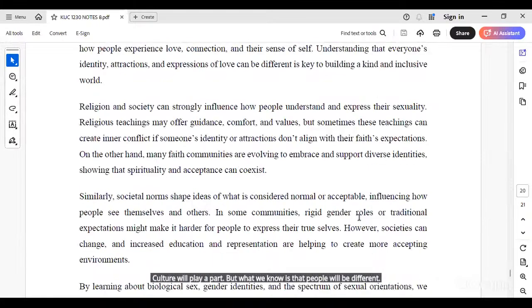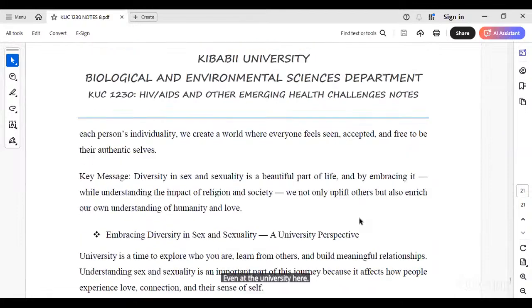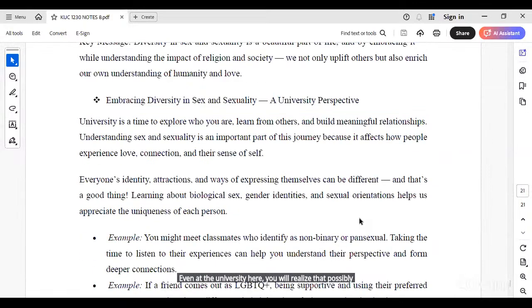Even at the university here, you will realize that possibly your roommate umeanza kususpect kwamba labda ako hivi ama ako hivi, or that classmate of yours, you've begun suspecting that possibly huyu jamaa ni kama ni mwanaume lakini ni kama ana date John.